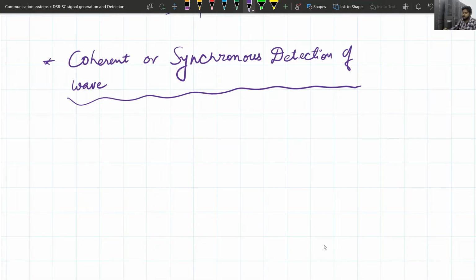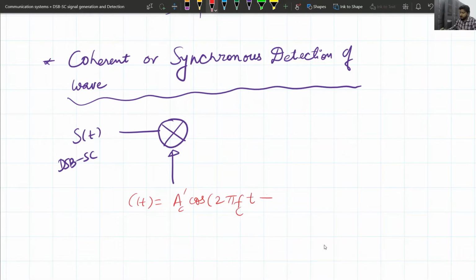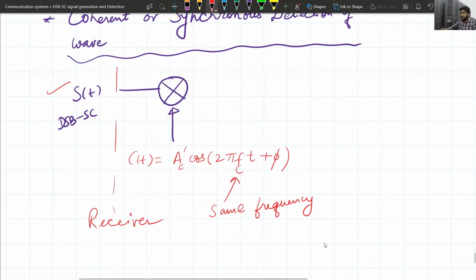What we are doing is that at the receiver end, if this is the modulated wave, we are simply multiplying the DSB-SC signal at the receiver end with a locally generated oscillator of the same frequency, and one more thing, phase.